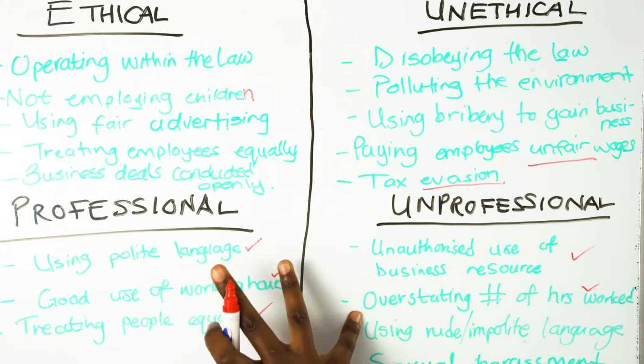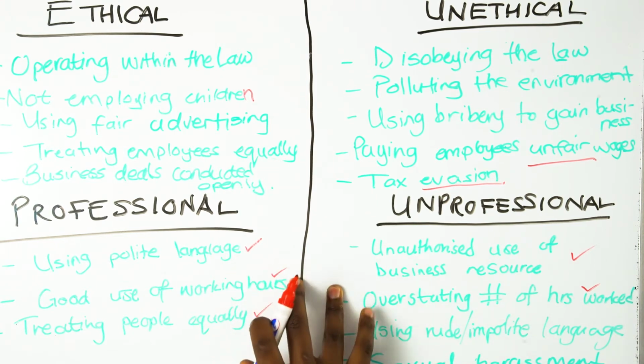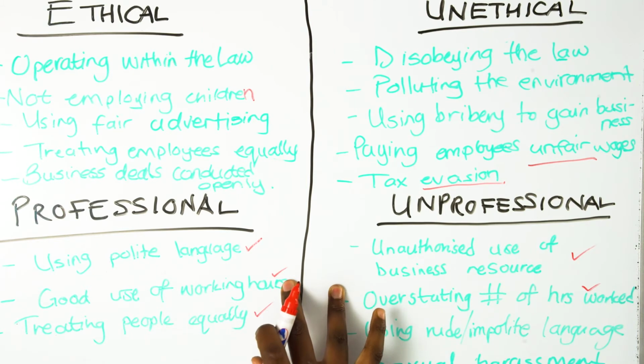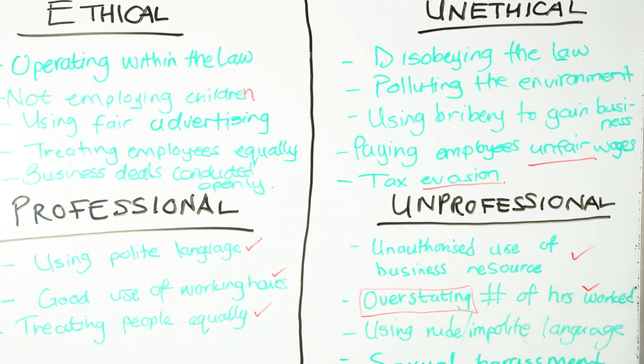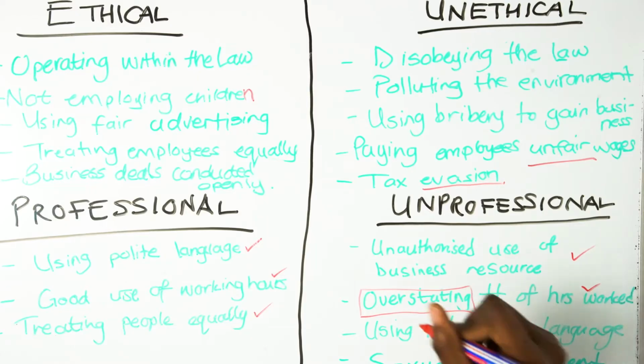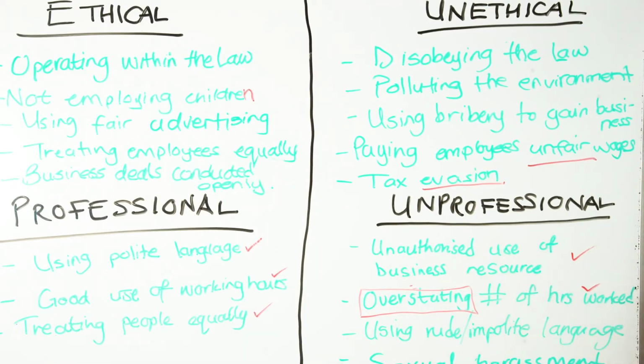This is unprofessional because it's not respectful towards your employers and your business if you are overstating. If it's a fact, then definitely speak about it with your unions, and employers have to address it. But if you are not being overworked and you are lying about it, that is unprofessional.